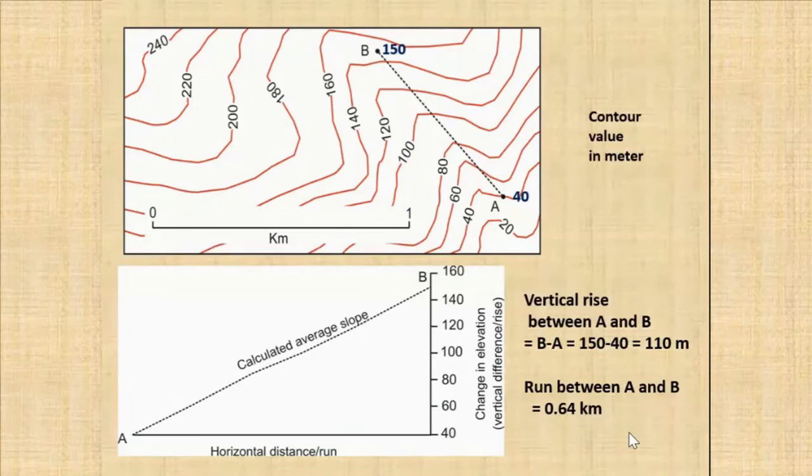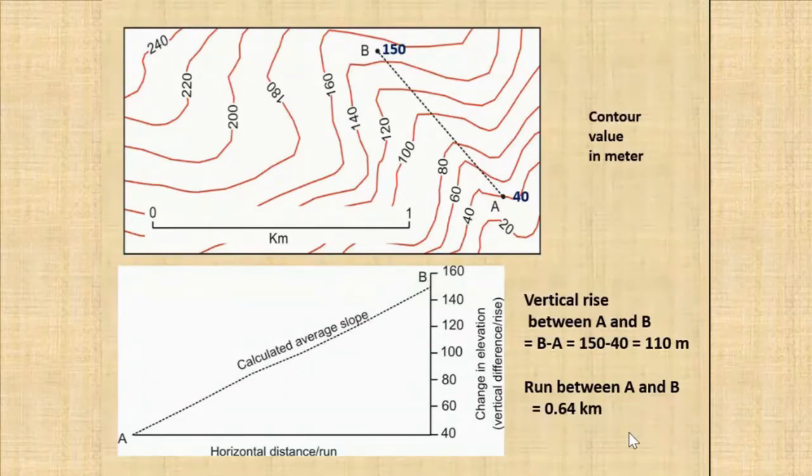So here you can see a contour map, and we want to calculate the slope between point A and point B. Below is the triangle showing the horizontal distance and the change in the elevation or vertical difference. We want to calculate the change in the elevation, or the vertical difference or rise.